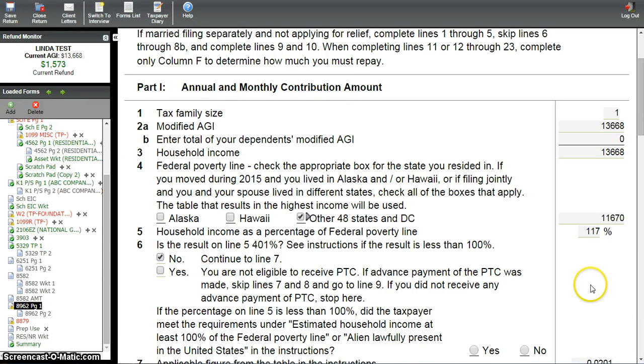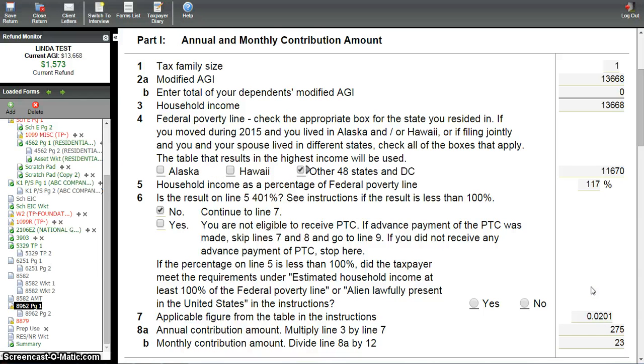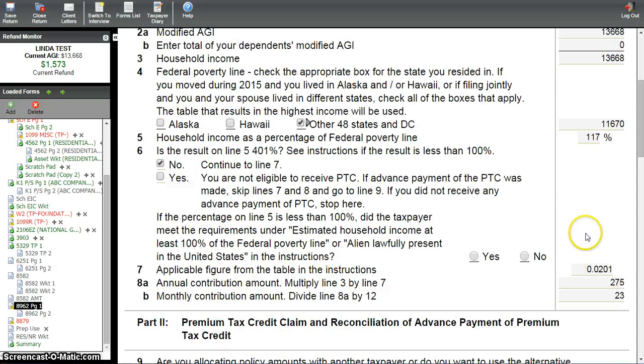So you will see here that Ms. Test is at 117%. If a person is over 400% of the federal poverty level, they are not eligible for the premium tax credit. If they received it, then they will have to repay the credit, the advanced credit that they received.